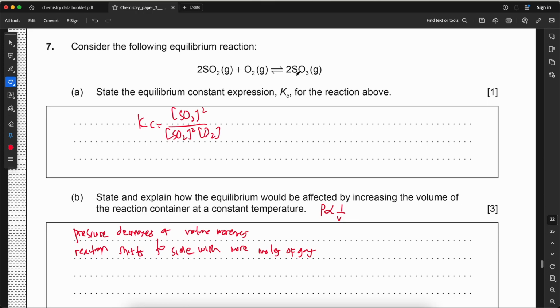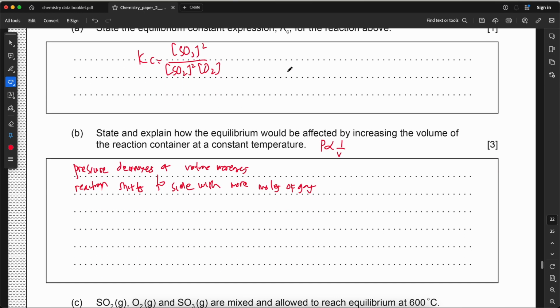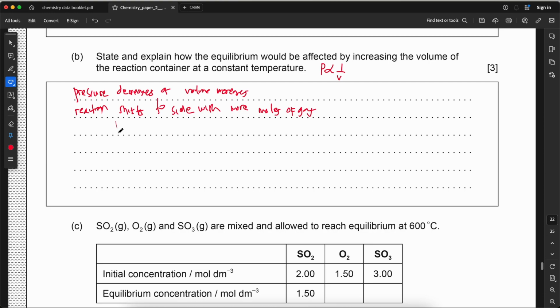So the one that has more moles of gas is the left side, the reactants, because here is 3 and here is 2. Therefore, the reaction shifts left.